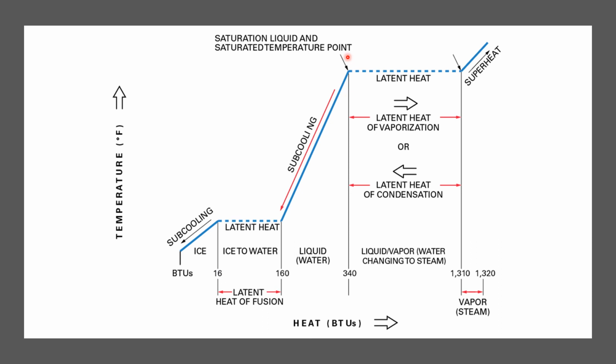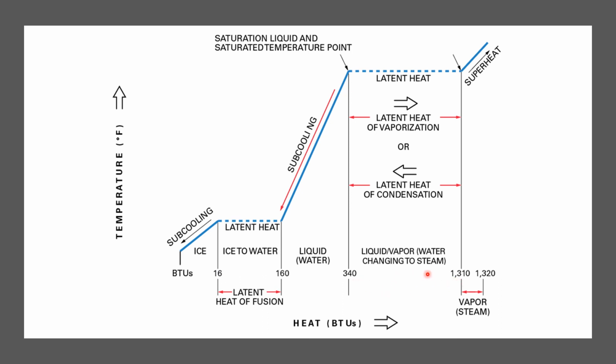So at 212 degrees atmospheric pressure, we all know that we start boiling water, we start creating steam. That is another change of state. That's a latent change. So we're changing from liquid down here, bring the temperature up to 212 degrees, and we still increase our temperature, but it's a latent change. We have to create steam. We have to change that state of the water. So down here you can notice we have 340 BTUs all the way up to 1310 BTUs.